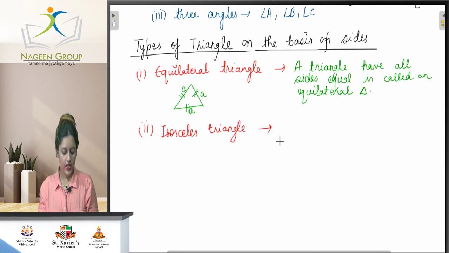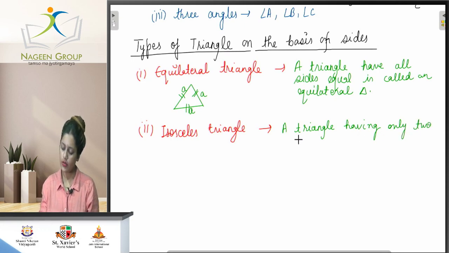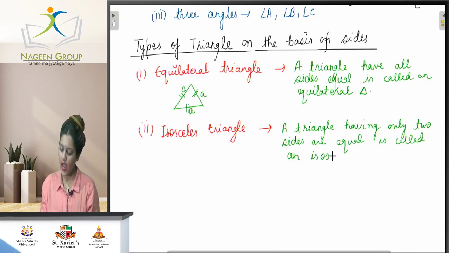An isosceles triangle is a triangle having only two sides equal.